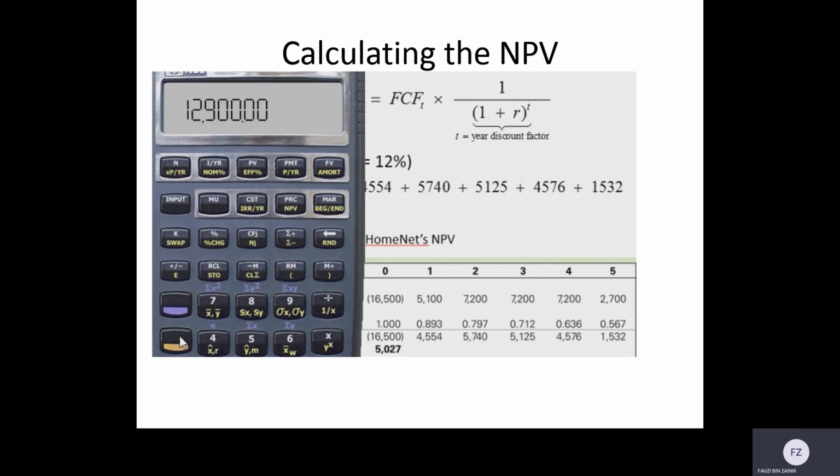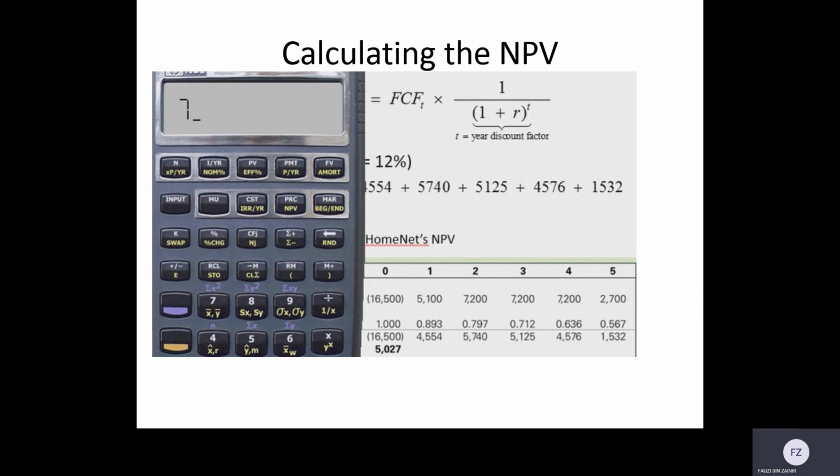Okay, again, not so sure why the figures are wrong. Let me go again: orange and clear. You have 6,500, orange, the minus factor, then CFJ, so that is year 0. Then 5,100, CFJ.